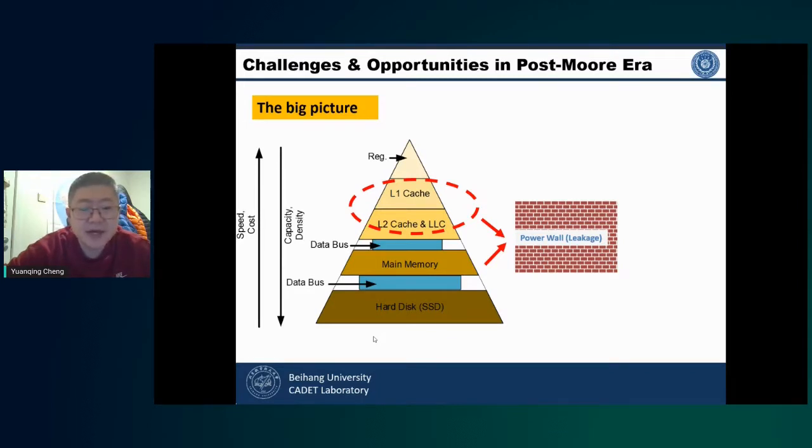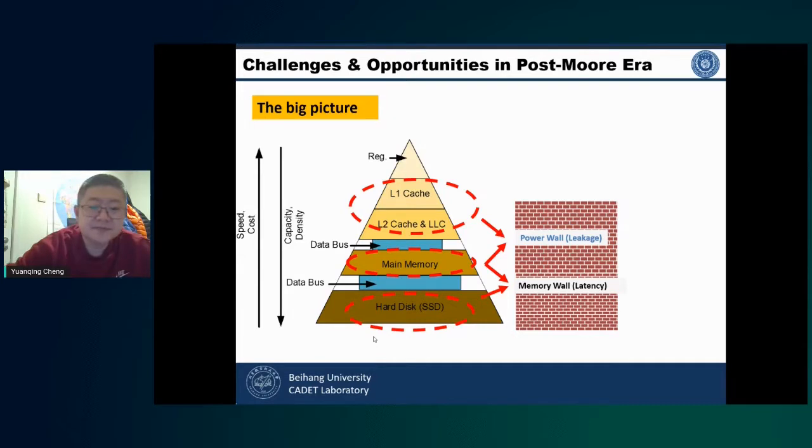But the SRAM-based cache system has very severe leakage power, so it is called the power wall problem. At the same time, due to the off-chip memory access, we have the memory wall. It means that we have to spend a lot of time for the main memory access that is off-chip, which may degrade the computing performance very severely.